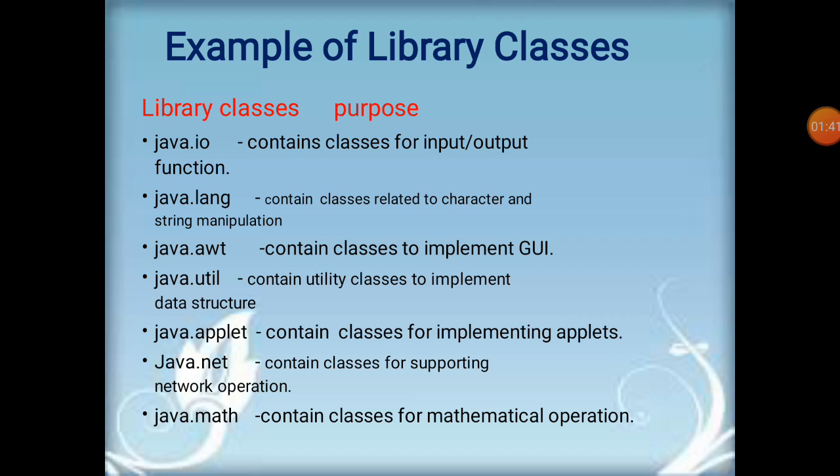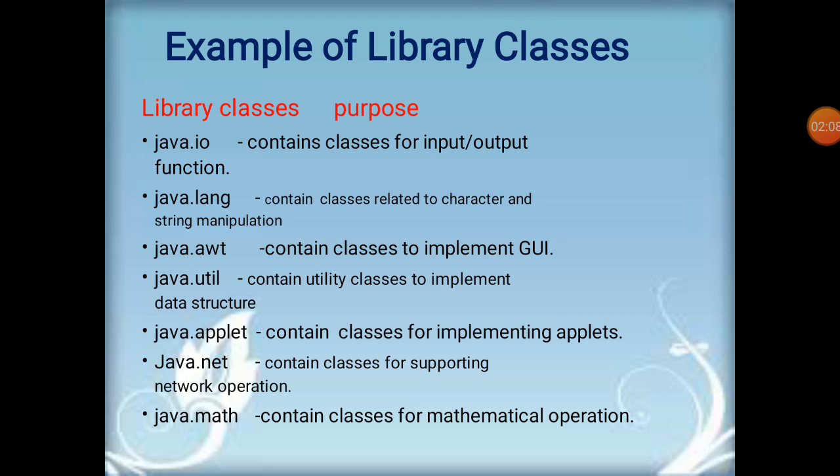Java.util package contains utility classes to implement data structures. Java.applet contains classes for implementing applets. Java.net contains classes for supporting network operations, and java.math contains classes for mathematical operations. All the library packages give us many classes.